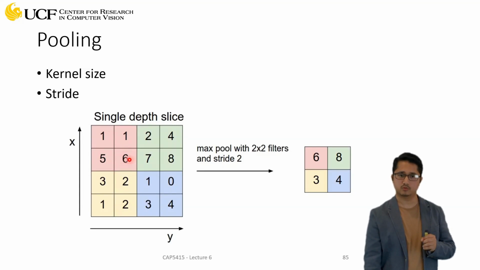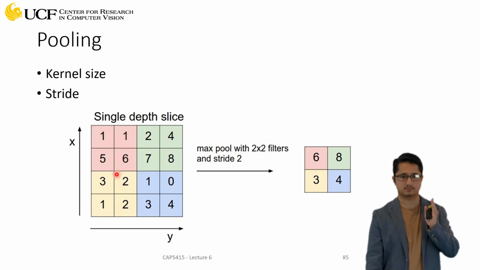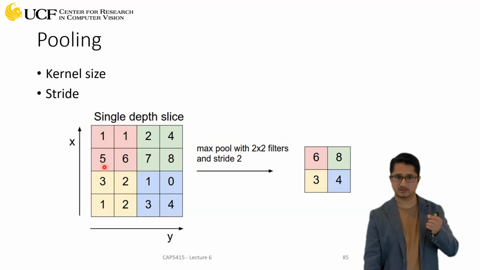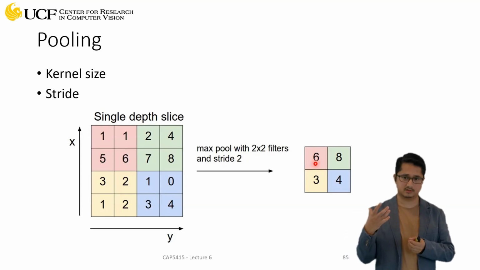Now, let's say you move that pattern or that object in your input image in this direction, or towards the top, so that it moved to this location. Then in your activation map, you will get a 6 over here, right? Because it will be present at this location. But if you look at the result of such a translation operation, this pooled location is still going to give you a 6, because instead of at that location, you will have 6 at this location. So the final output is not going to change. That's why this max pooling operation actually makes your network translation invariant.